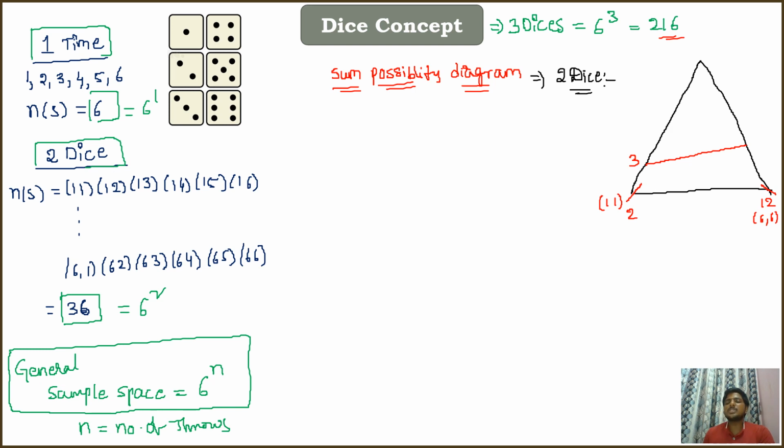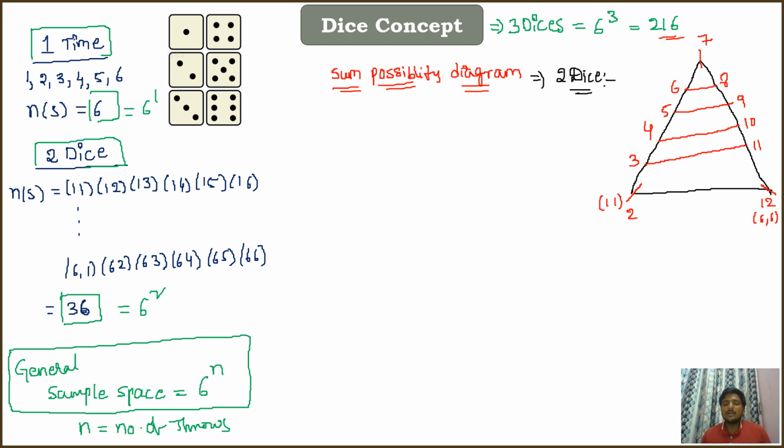So we'll get 3 as sum, 4, 5, 6, and 7. That is, the sum of the 2 numbers that appear on the 2 dice is 7. Likewise 8, 9, 10, 11, and the highest total we will get is 12.